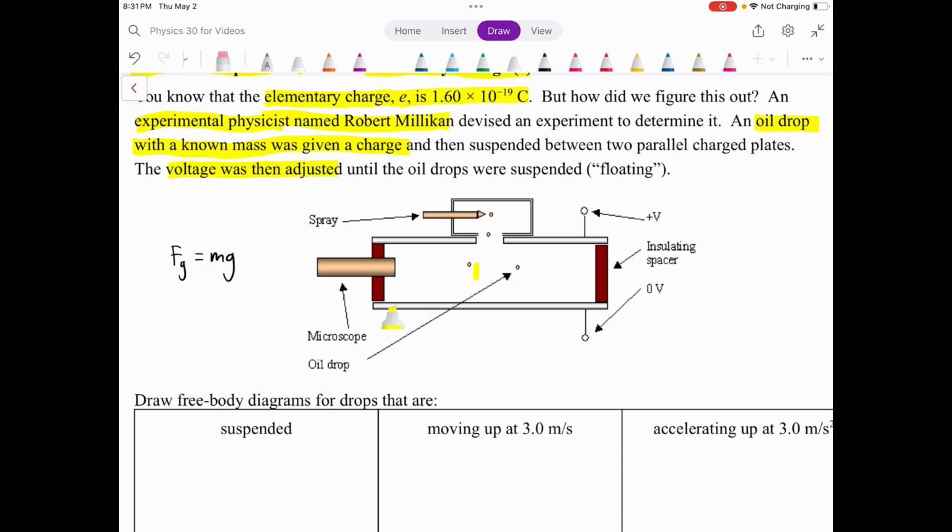Okay, and if you're changing the electric field, you're changing the force that's on the oil drops, the electric force, right? And so what he would do is he would charge this plate to repel whatever charge was put on the drops. He actually gave them a negative charge. He did this using X-rays. Basically, we'll talk about how the X-rays work to ionize air molecules and atoms in Unit D. But short version is X-rays can knock electrons out of molecules in the air, and then the oil would pick up those extra electrons.